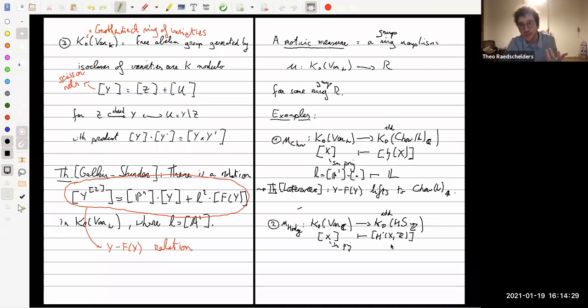And in fact, it behaves nicely with respect to multiplying by the Lefschetz motive and projective space. This is not so hard to see. And we get a corresponding YFY relation in this K0 of Hodge structures. And in this case, I'm not completely sure if it's been shown to lift, but it's at the very least been explored by Daniel Huybrechts.